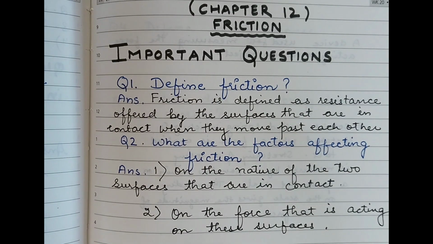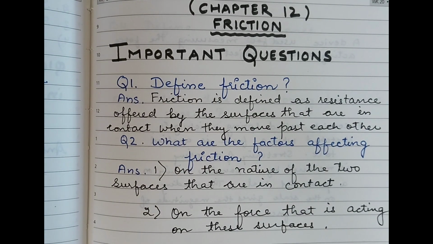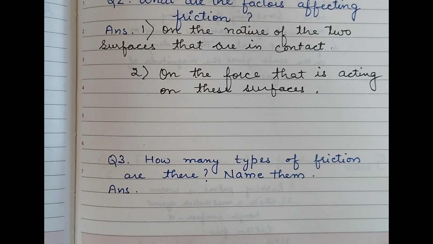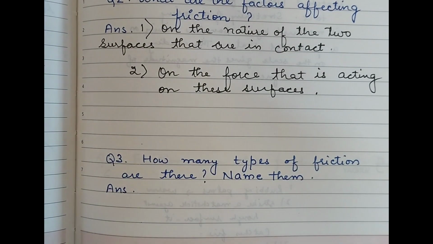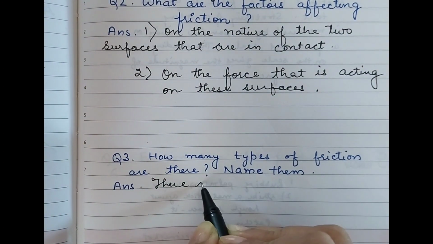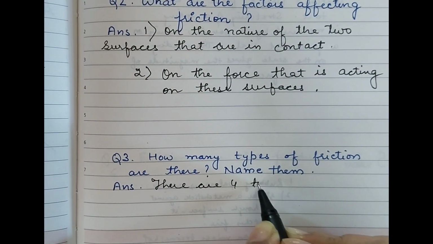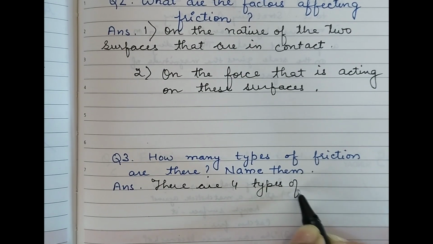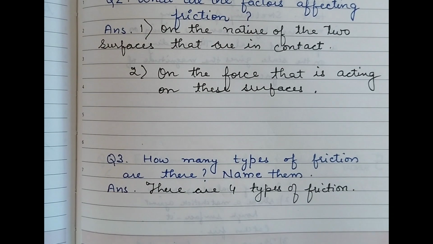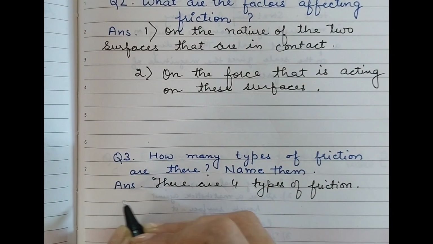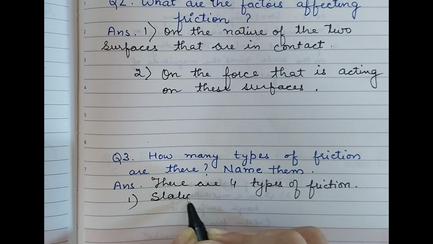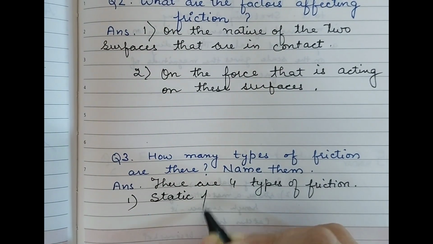Question number 3, how many types of friction are there? Name them. There are 4 types of friction. They are: number 1, static friction.